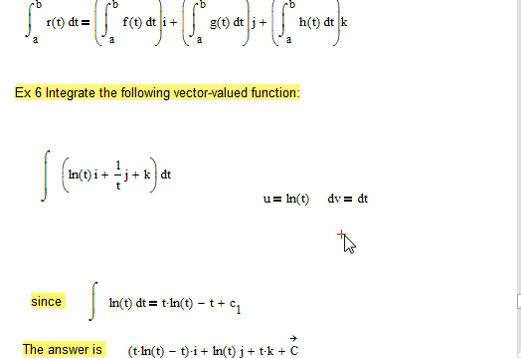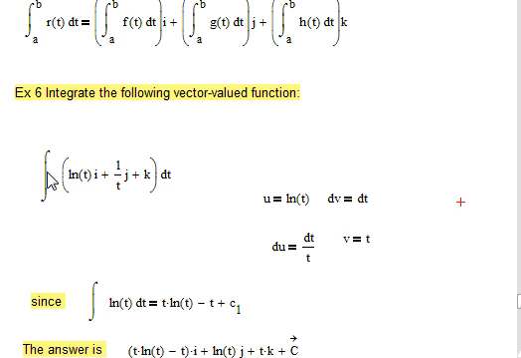And you might say, where are we going with this? Well, this is refreshing integration by parts: du is equal to dt over t, and v is just equal to t.